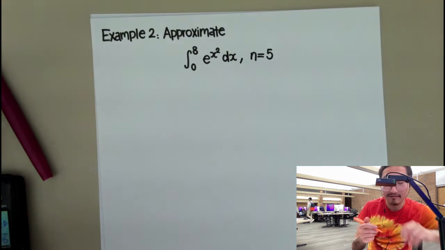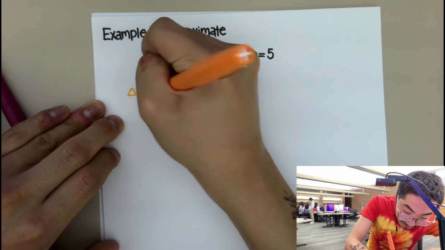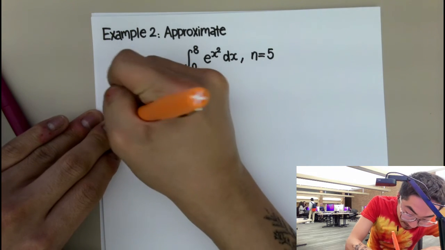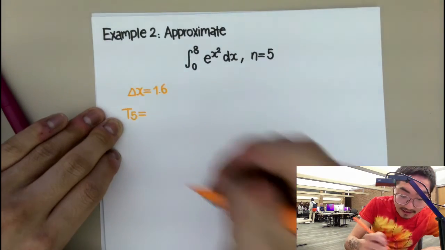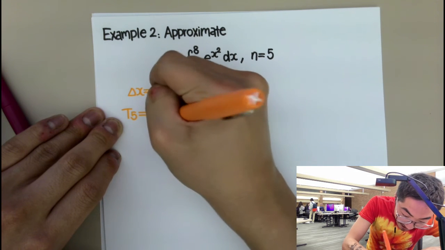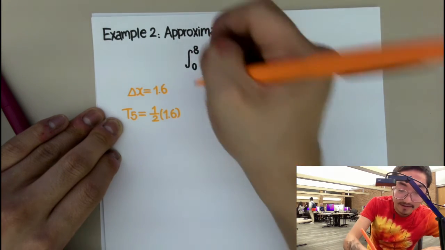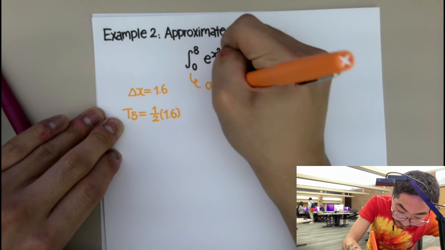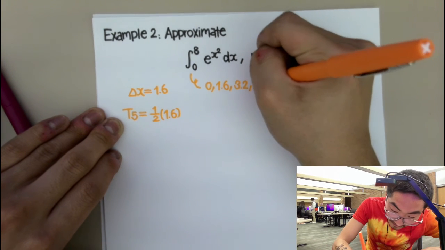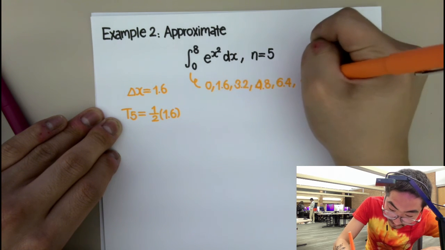So the trapezoid rule is using T5, and delta x is 1.6. It's 1/2 of 1.6 times the values from 0, 1.6, 3.2, 4.8, 6.4, and 8.